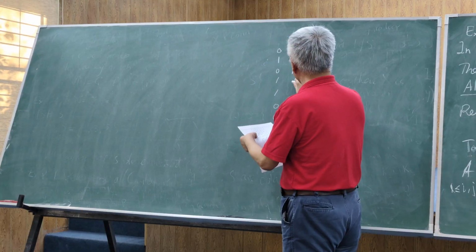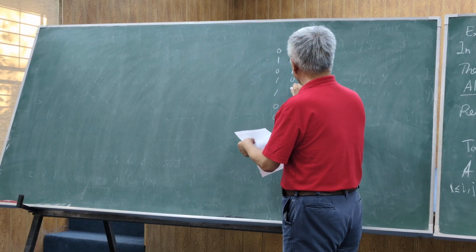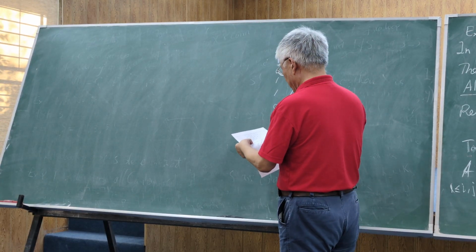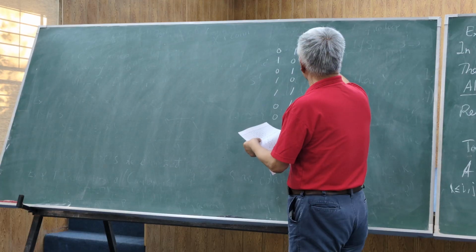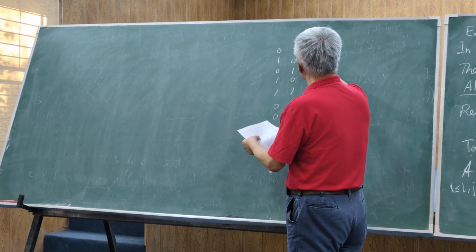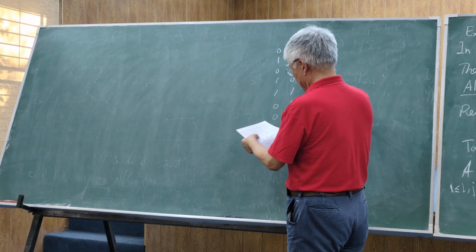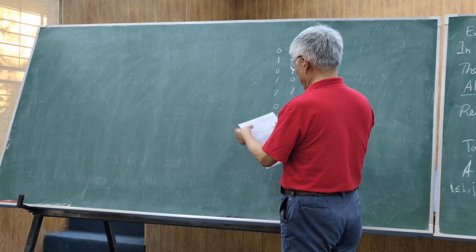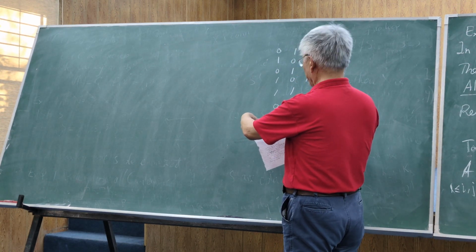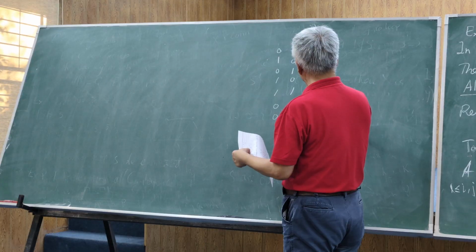1, 0, 1, 1, 0. You need to check this is symmetric binary. Column 3, 4, 1, 0. It should be 0, 1.